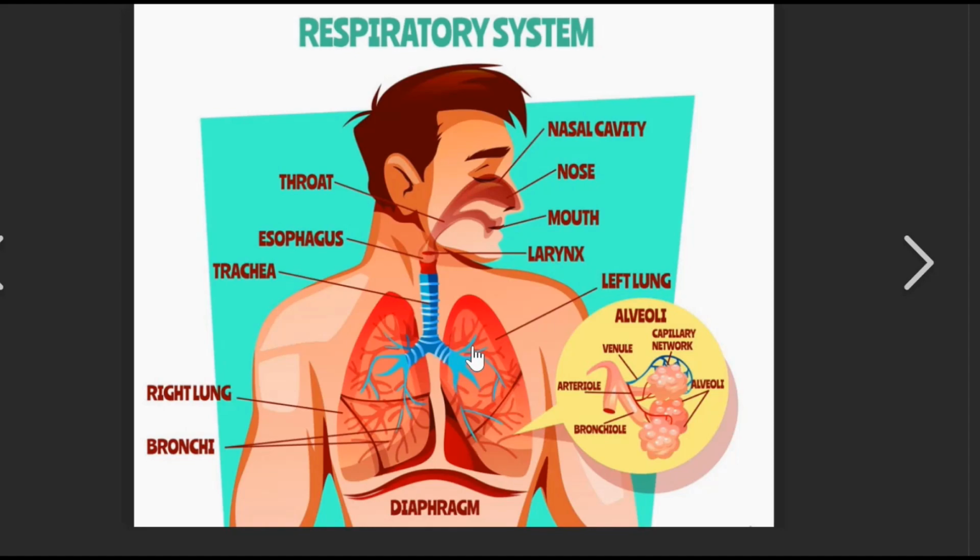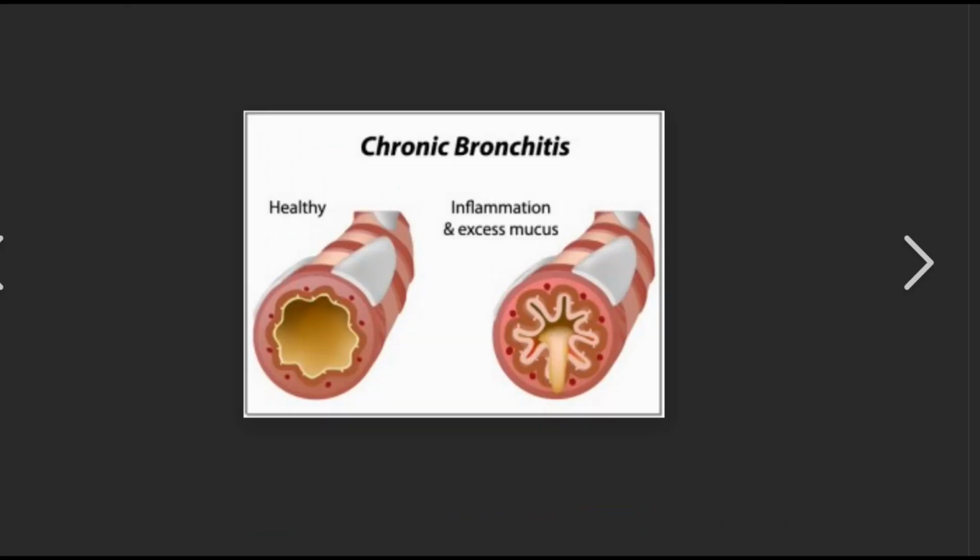The bronchi further divide into secondary and tertiary bronchi, finally into bronchioles, and the bronchioles end up in the alveoli sac, which has alveoli. The alveoli are covered with capillary networks, a blood network, and it helps in gas exchange. Now let's see the pathophysiology of COPD.